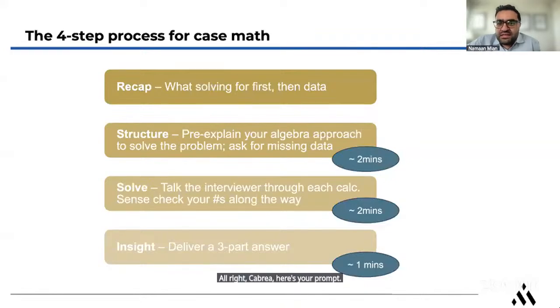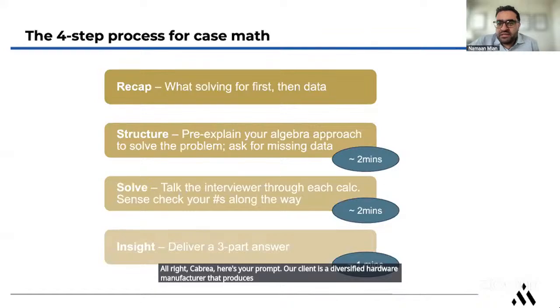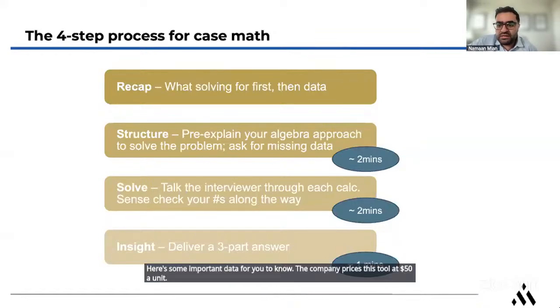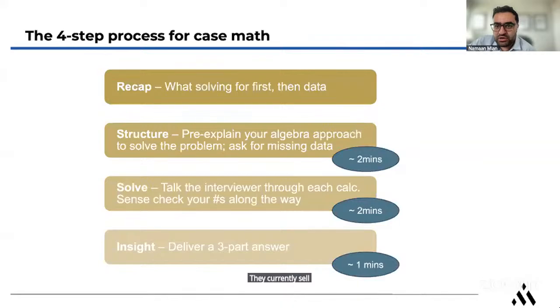Our client is a diversified hardware manufacturer that produces a multi-purpose hand tool with a core base and multiple attachments. For several decades, the client was the only company to make such a tool. Over the past 2 years, the company has seen a decline in revenue. Here's some important data for you to know. The company prices this tool at $50 a unit. They currently sell 100 million units a year.